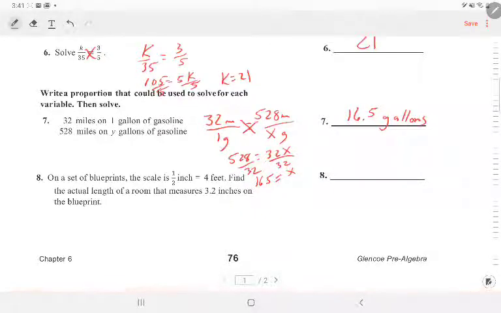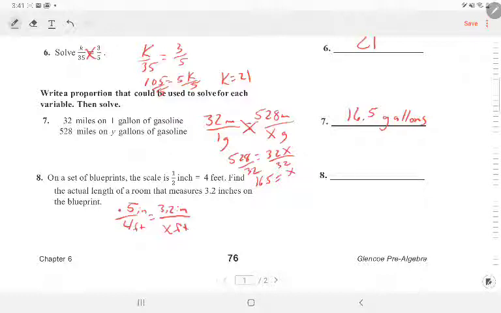All right. Number 8. On a set of blueprints, the scale is 1/2 inch equals 4 feet. Find the actual length of a room that measures 3.2 inches on the blueprint. So we set up a proportion. 0.5 inches over 4 feet. We set that equal to, they give us the inches, so that's 3.2 inches over X amount of feet.